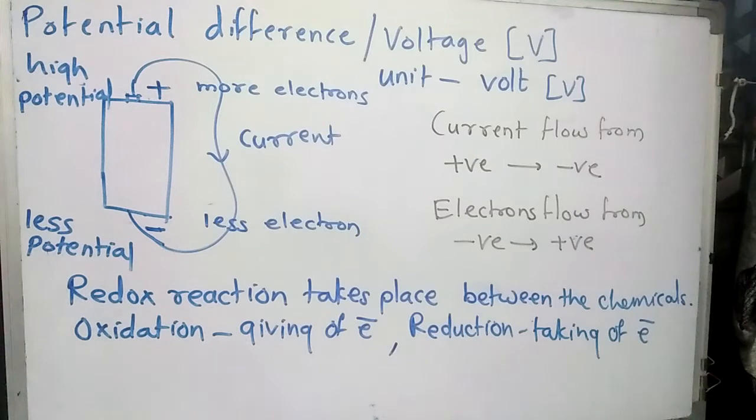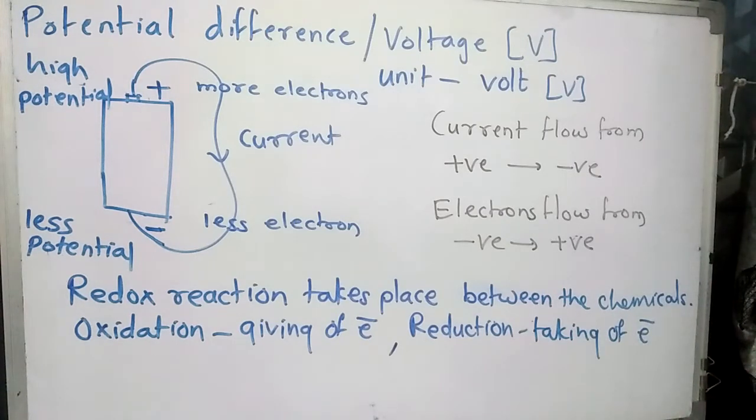Now see, current in simple words means nothing but the flow of electrons. Current electricity means electrons are moving, and due to the motion of the electrons, current is produced. Now inside the cell, chemicals are filled, and between these chemicals a chemical reaction takes place, that is the redox reaction.